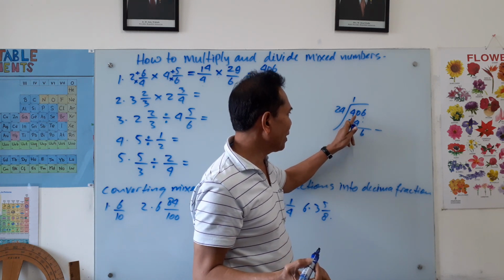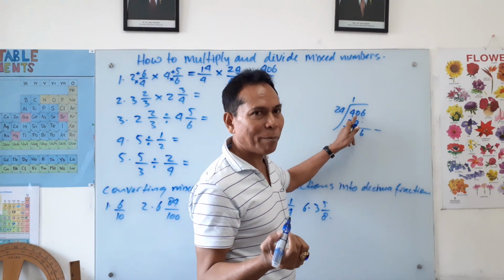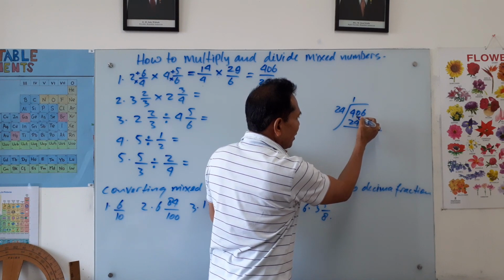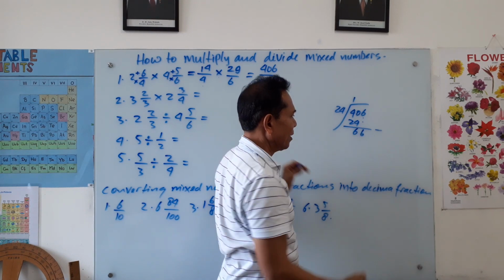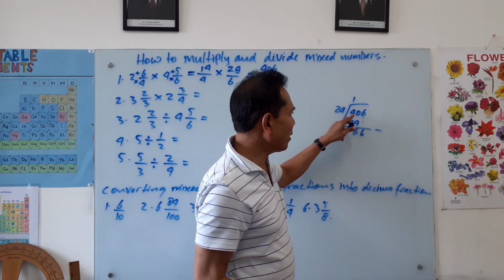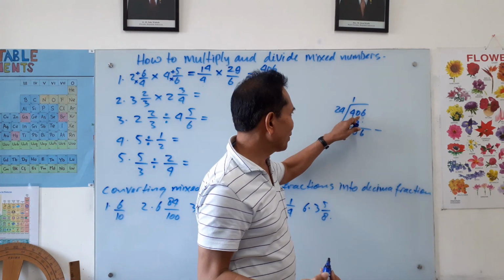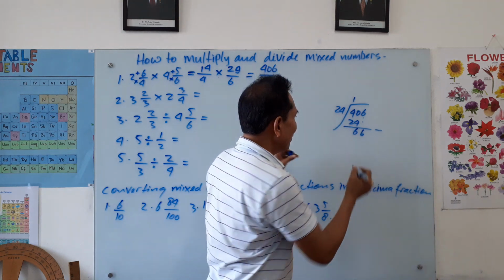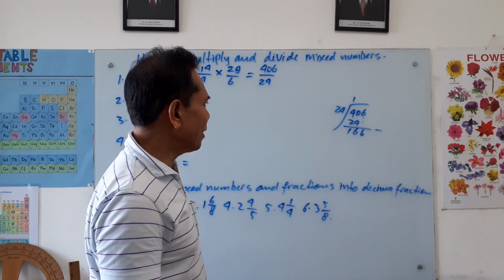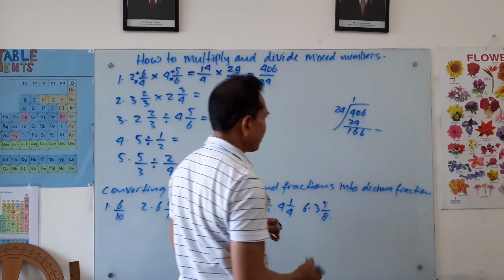So remember that 0 has become 10 now. 10 minus 4 is 6. This one, we took 1, so it's now 3. 3 minus 2 is 1. Now we have 166 here.